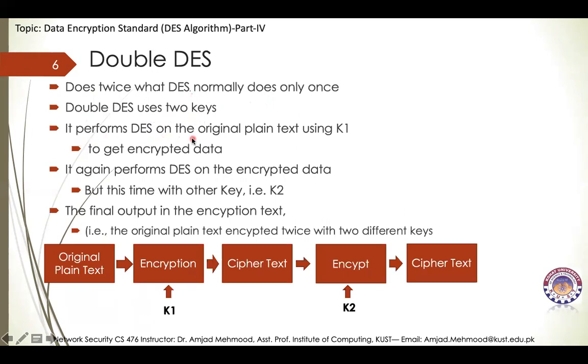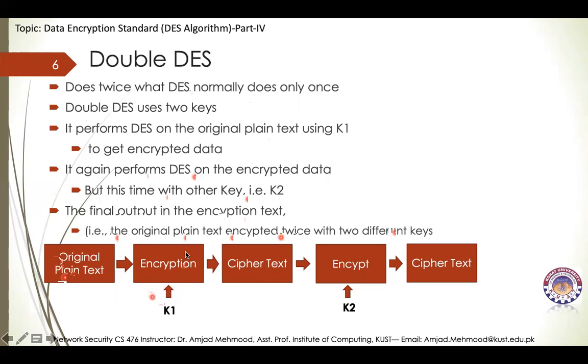It performs DES on the original plain text using K1 to get the encrypted data. It again performs DES on the encrypted data, but this time with another key, K2. The final output is the encrypted text, the original plain text encrypted twice with two different keys. As you see in the diagram, you have the original plain text, and after applying DES with K1 as a key, you will get the cipher text.